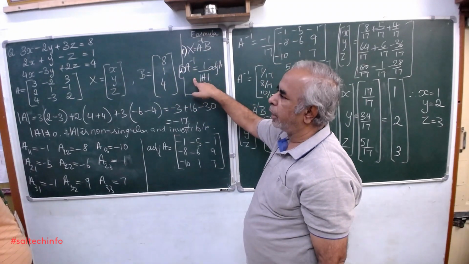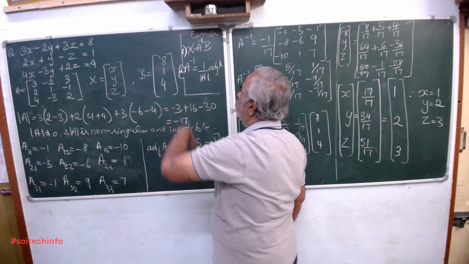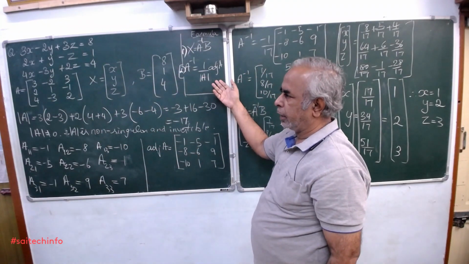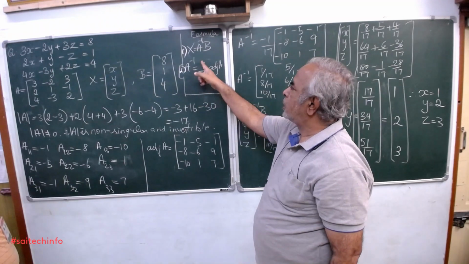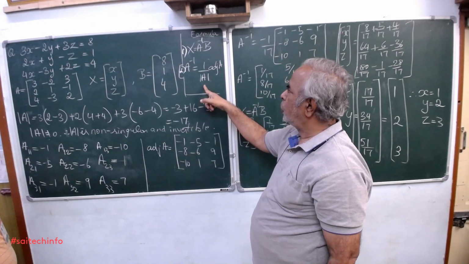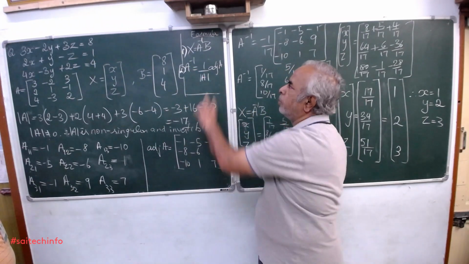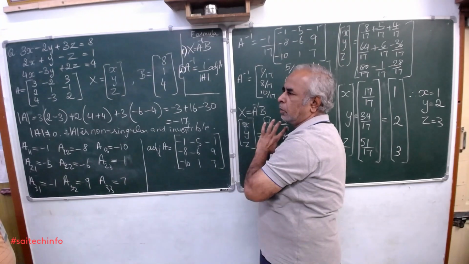We have to find A inverse. To find A inverse, you can adopt the adjoint technique, where the reciprocal of the determinant of A into the adjoint of A results in A inverse. So we can make use of this strategy.